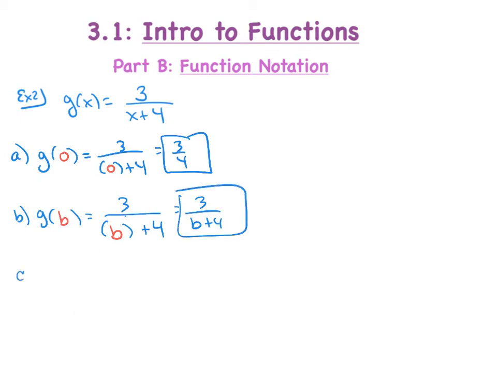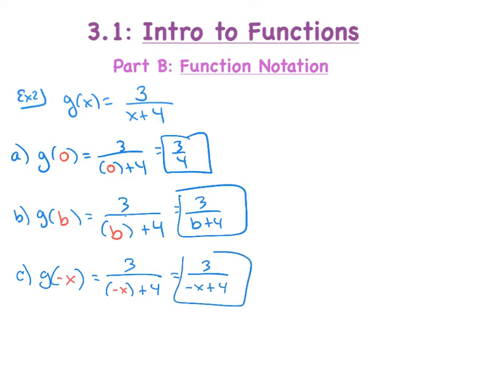Okay, let's do the negative x one again. Negative x. So 3 over parentheses plus 4 is going to be 3 over negative x plus 4. And yet again, there's not a lot of simplifying to do. 3 over negative x plus 4.